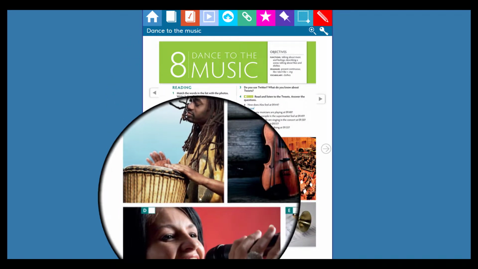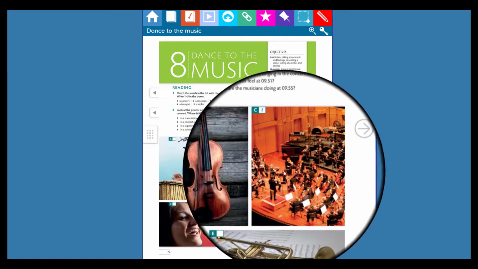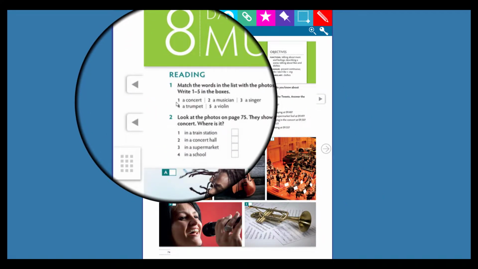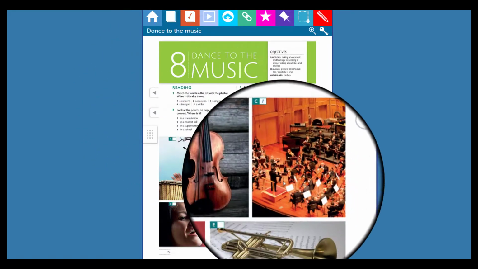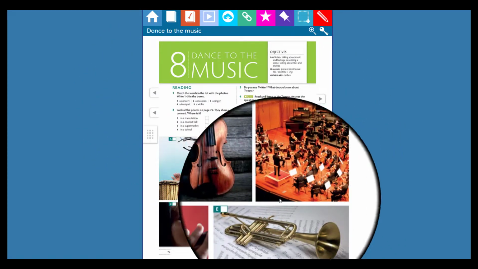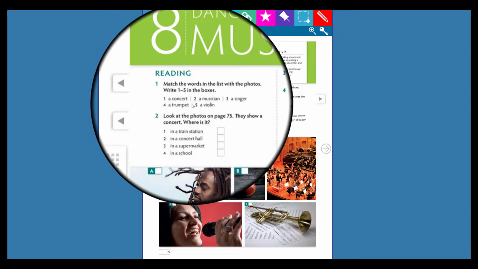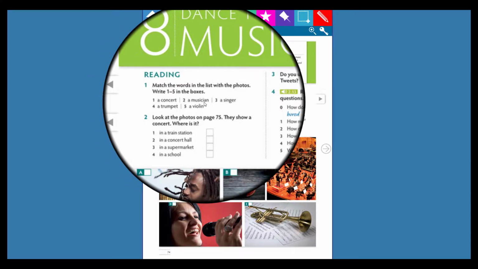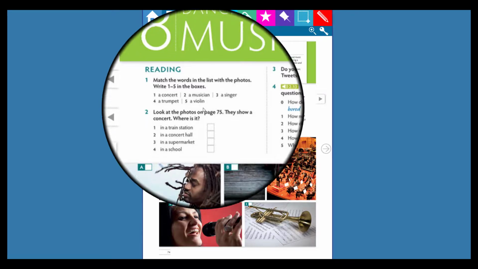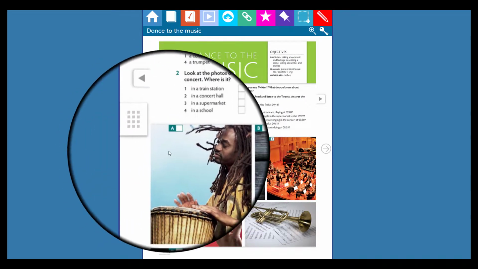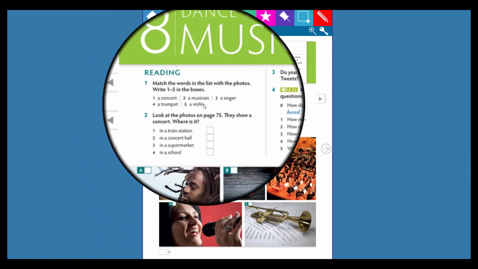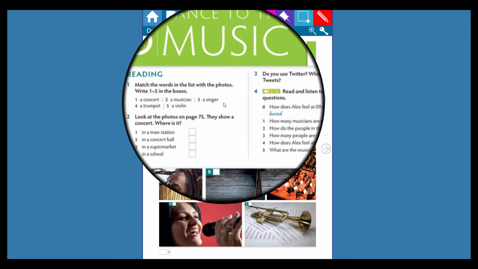Did you finish? Okay, so let's take number 1. This is the example. Number 1, a concert, letter C. Yes, because this is a concert, right? Number 2, a musician. What do you think? Letter A, correct, letter A. Number 3, a singer.